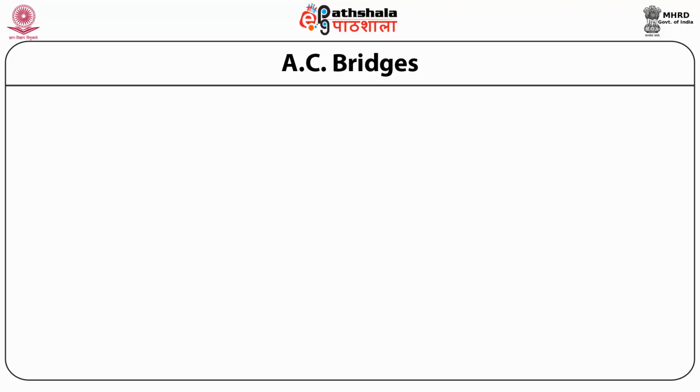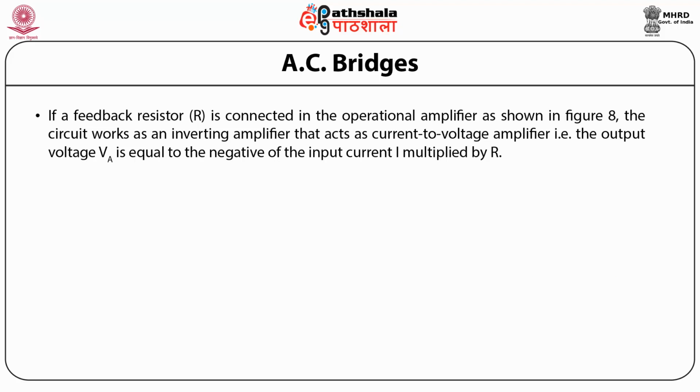In another network, let us say a feedback resistor R is connected in the operational amplifier as shown in the figure below. In this case, the circuit works as an inverting amplifier that acts as a current to voltage amplifier.